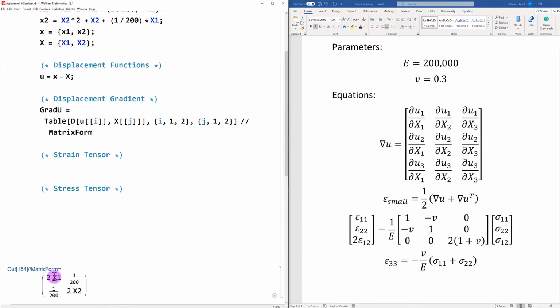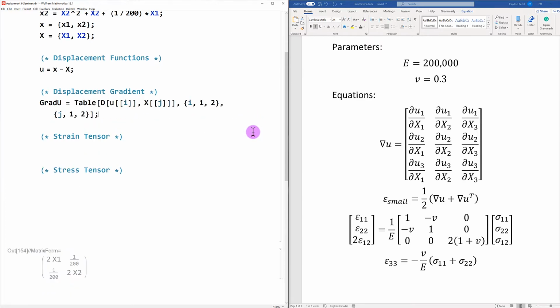The first entry is 2x1, the shear entry, entry 1,2, is 1 divided by 200, and same for entry 2,1, and then entry 2,2 is 2x2. So now we have our gradient of u, piece of cake. And again, the key here is using that table function to iterate through the different u's and the different x's.